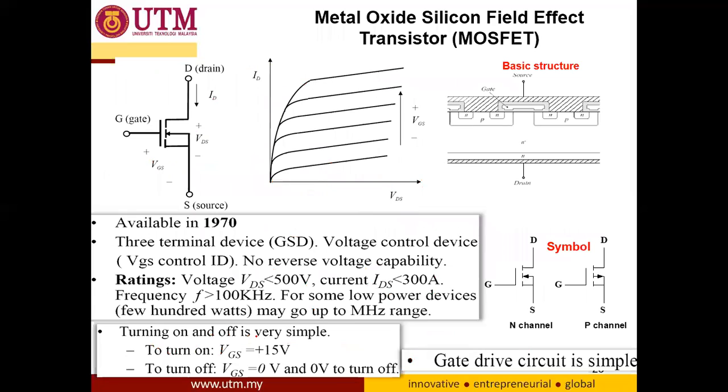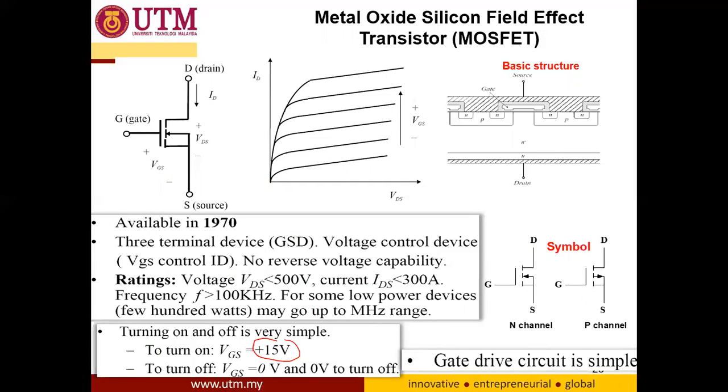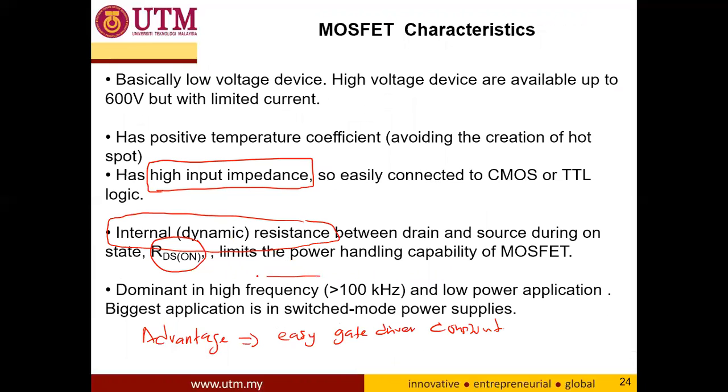We can see here that to turn on the MOSFET, we need to apply positive 15 volts, and to turn off, we only need to apply 0 volts. So it is very easy to implement. So there are two advantages of the MOSFET. The first one is the gate driver, very easy, and the second one is that it can switch at very high switching frequency. The only limitation is due to the high internal resistance, so it limits the MOSFET to low power application only.